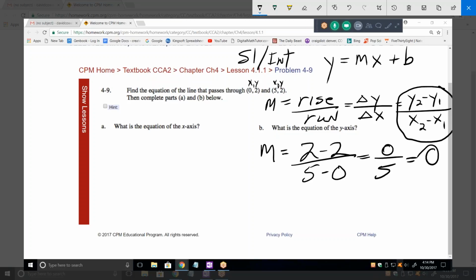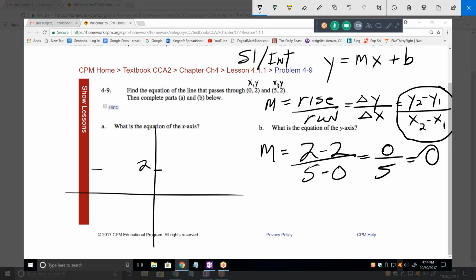When you have a slope of 0, you have a horizontal line. And it is a horizontal line that goes, obviously, through the y-coordinate of 2.